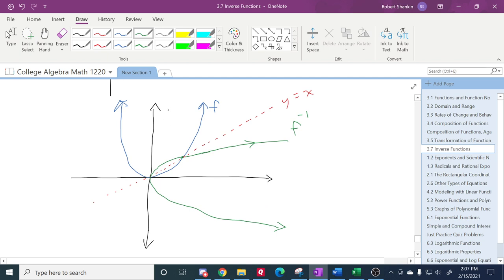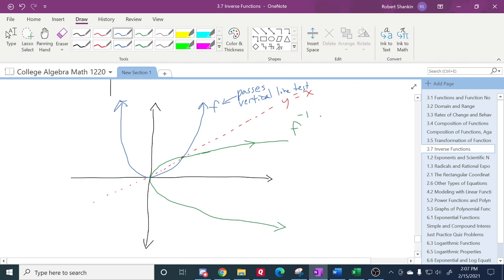Now, f is a function. How do I know it's a function? It passes the vertical line test. f inverse is not a function.